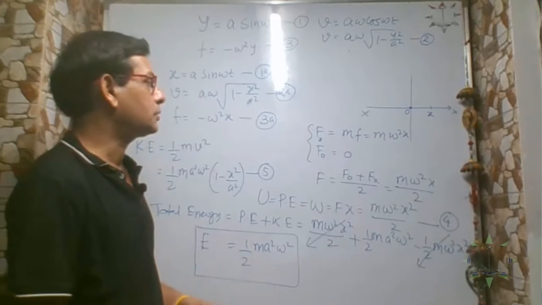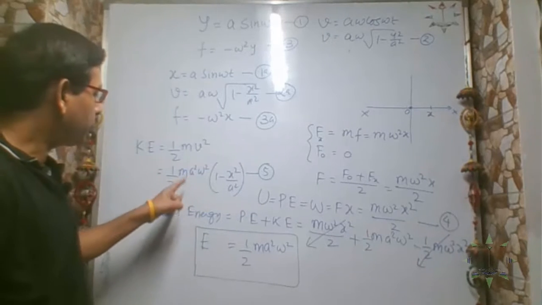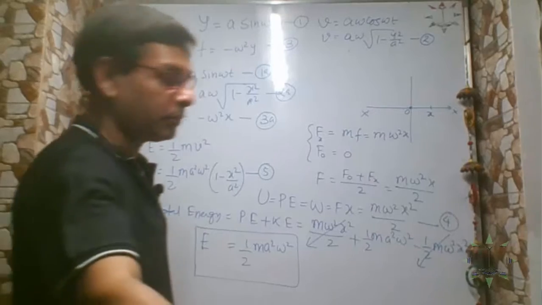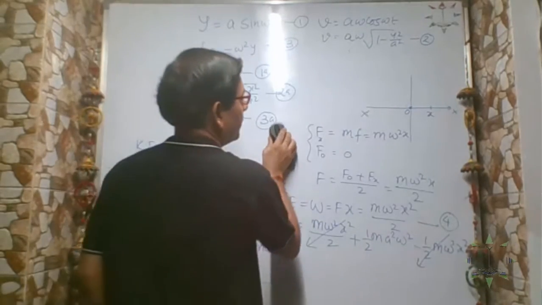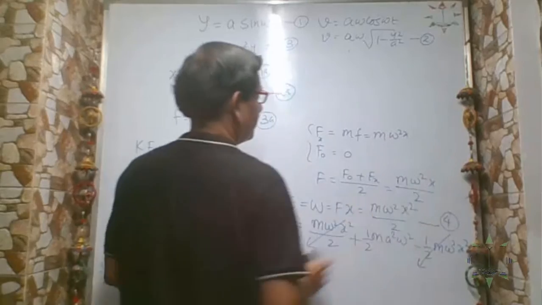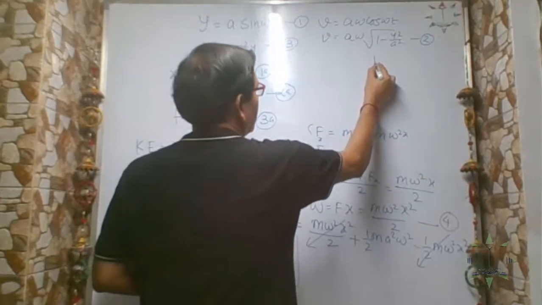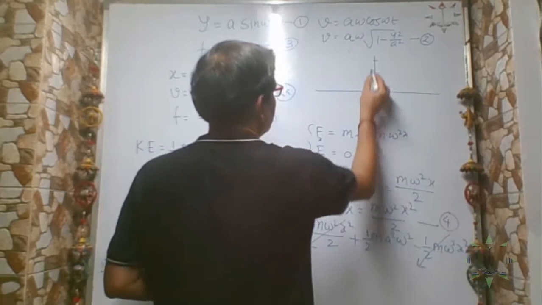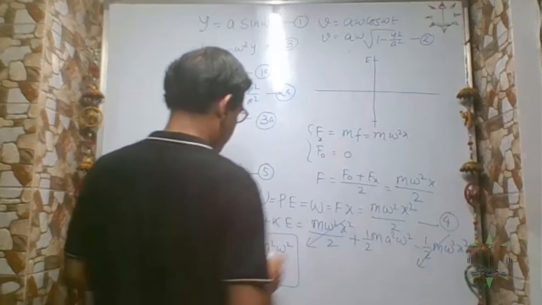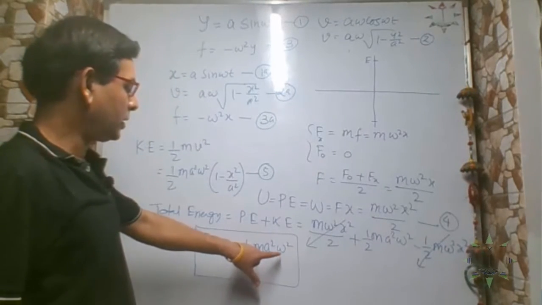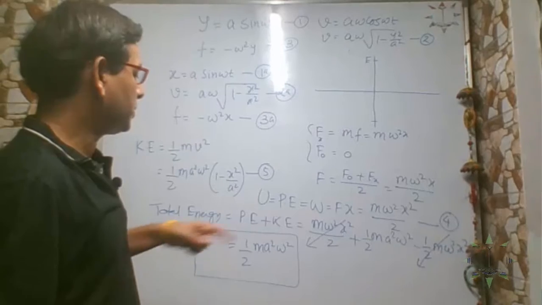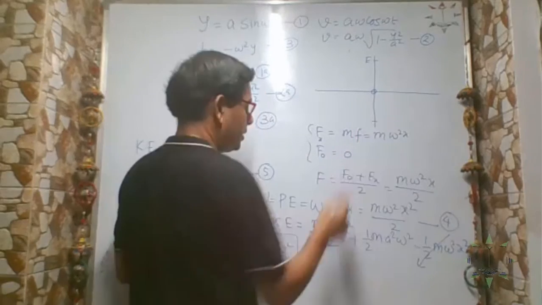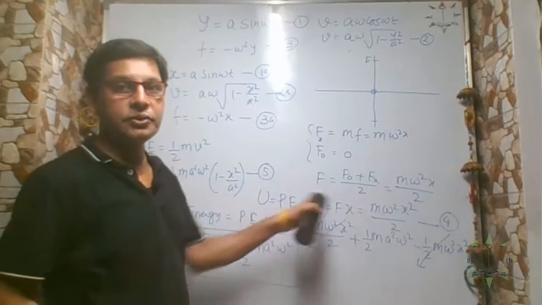Okay. So now we will plot potential energy and kinetic energy both in a graph and show you what is happening. Let us plot it here. Suppose this is the maximum energy E, which is half m a square omega square. Now we will plot first the potential energy. When x equals 0, the particle is here, so U is 0.